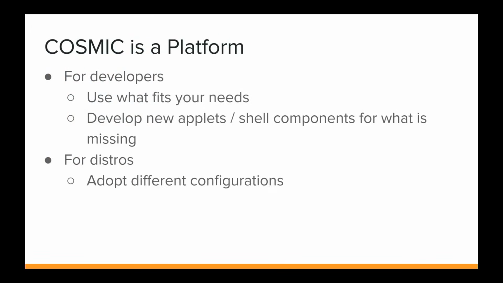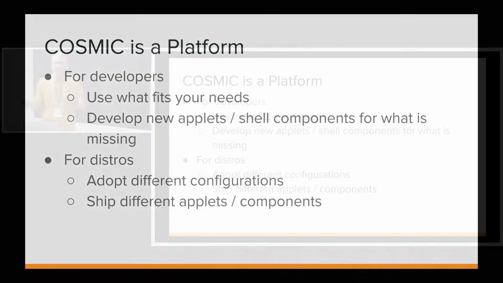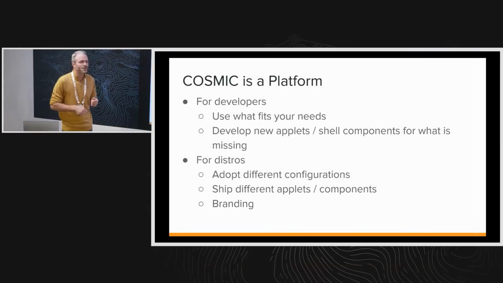For distros, you can adopt different configurations. Based on the feedback from your own users, your own user research, or the types of problems you're trying to solve as a distro, you can use the components that make the most sense for addressing those problems or the things you're trying to create. You can ship different applets and components. And you can brand Cosmic.